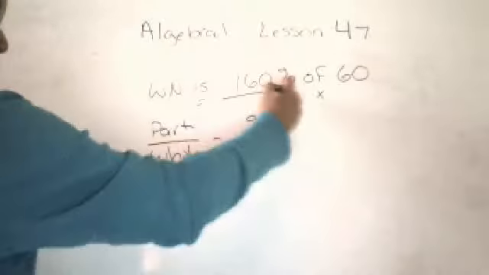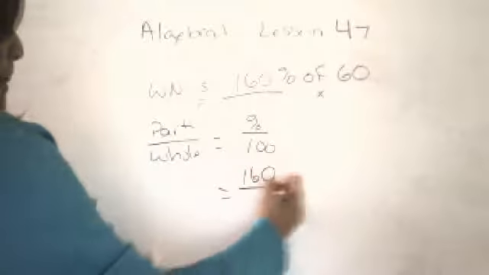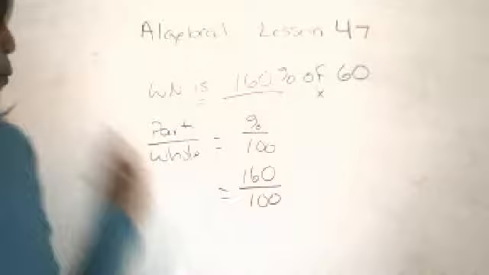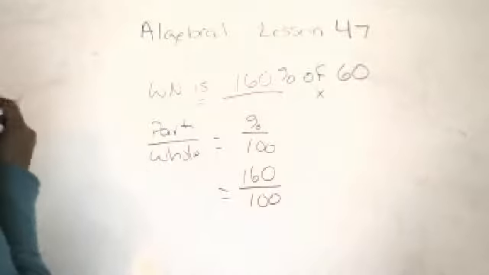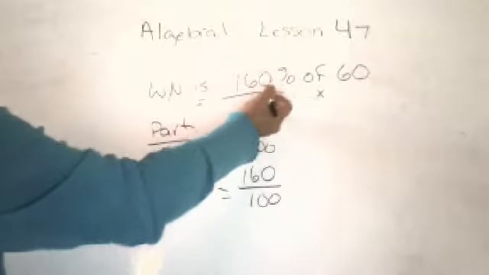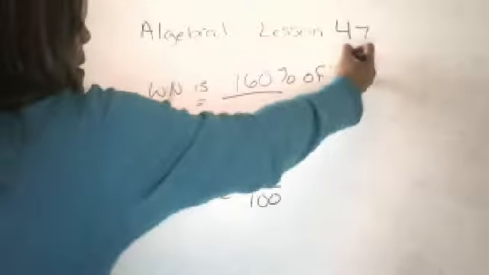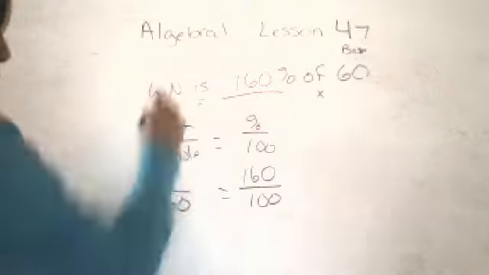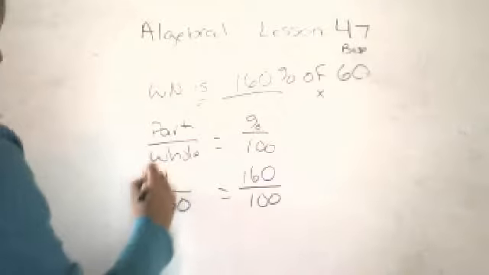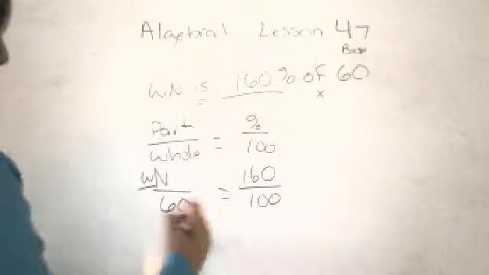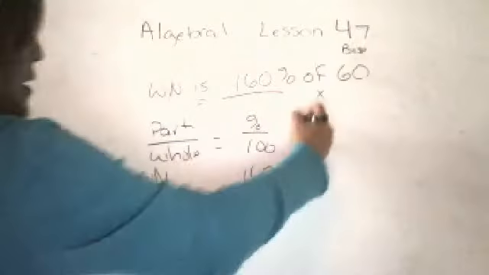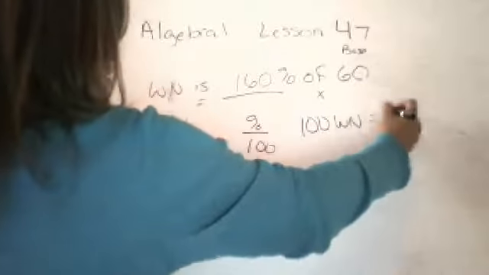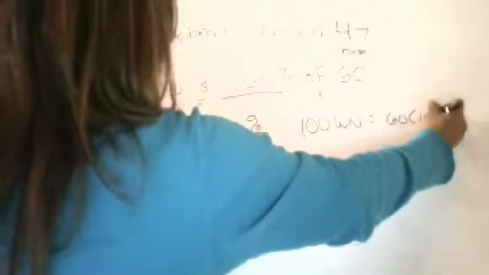Well, I know my percentage is 160, so that's going to go there. What is my part or my base? Do I know my base? Yeah, 160% of that, your base. So your base is 60, but we don't know what number it is. Then we cross multiply. 100 W_N equals 60 times 160.